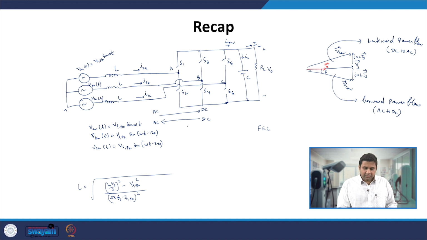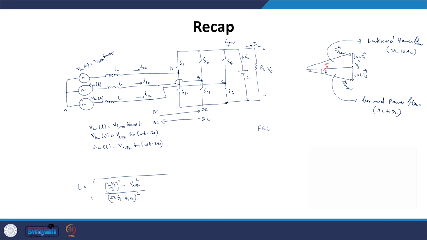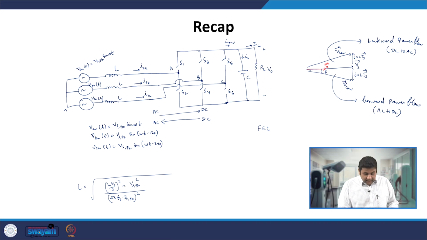After understanding the operation, we derived the inductance value which has to be connected in series with all three sources, and we understood that the value of the inductor should be this much. Here, M is nothing but the modulation index. That modulation index is the designer's choice, and they can select the value, and mostly it will be between 0.8 to 0.9.